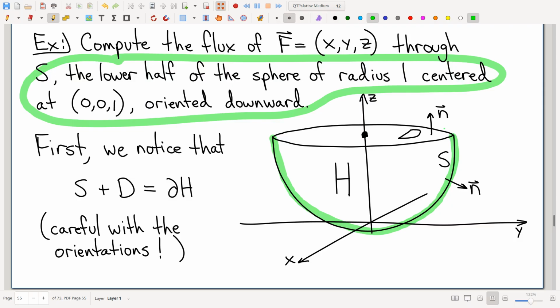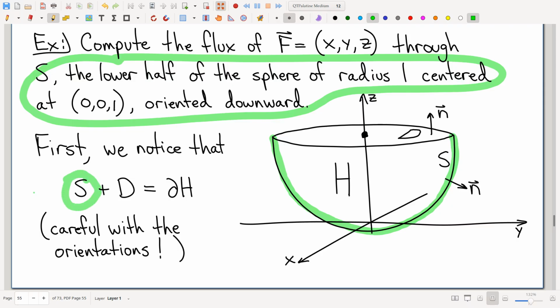Okay. So, wouldn't it be nice if we could use the divergence theorem? Can't. It's not a boundary. I know it's not a boundary because it's not even closed. But here's the slick move.